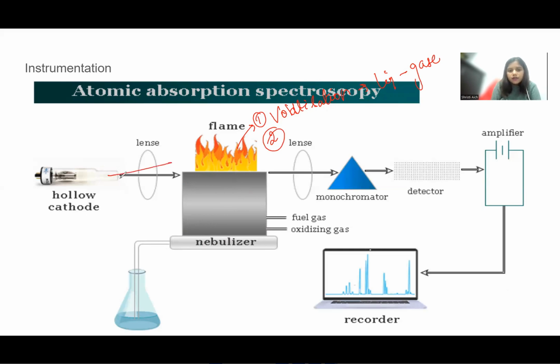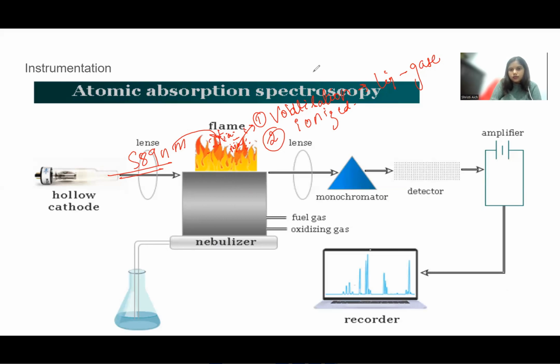Now see here, a wavelength of 589 nanometer is coming. What will happen if these gaseous molecules have sodium in them? It is going to absorb this wavelength. If it has some Na particles, they are going to absorb this radiation of 589 nanometer and get ionized.